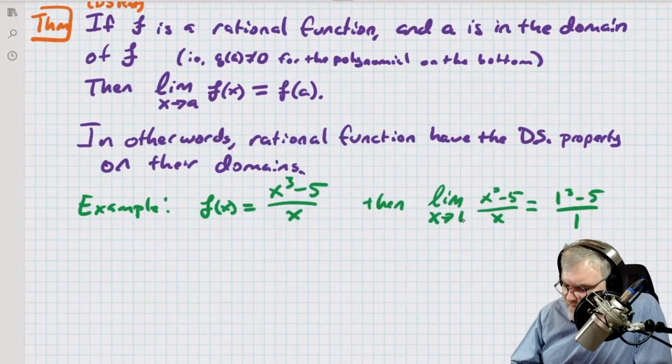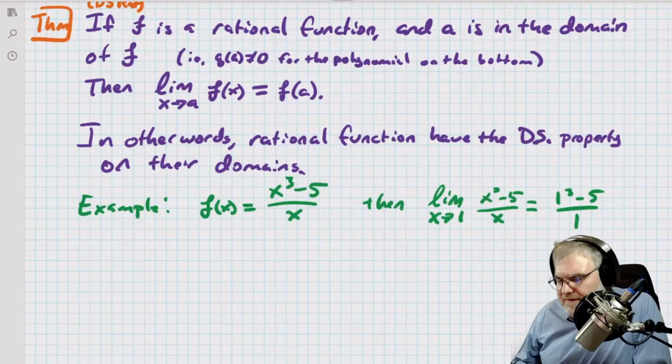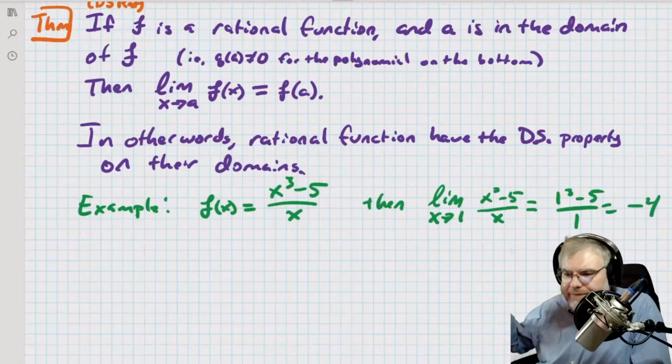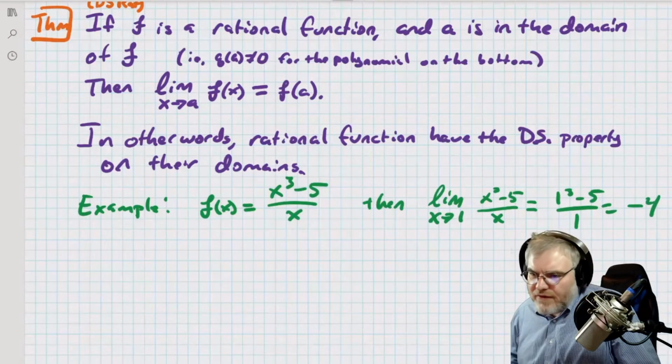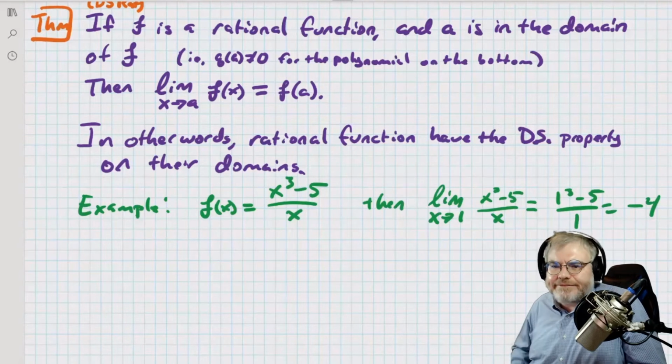If I just take this 1 and sub it in, I get something on the bottom that's defined. I'm perfectly happy with that. 1 cubed minus 5 is negative 4, and that's it. I don't have to factor. I don't have to divide. I don't have to do anything crazy.